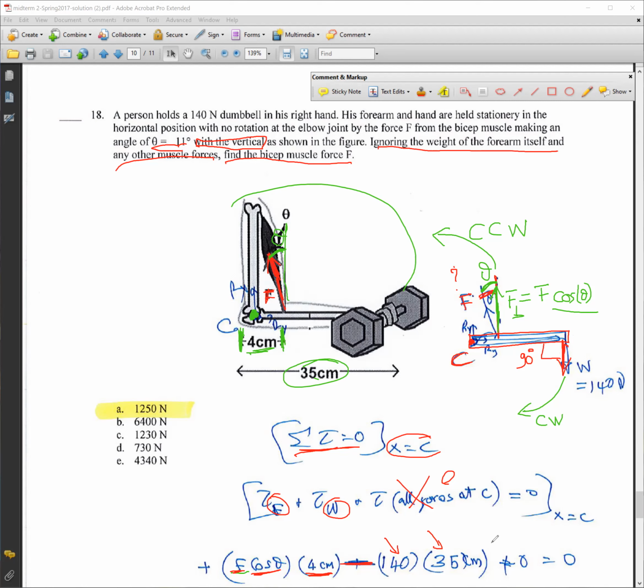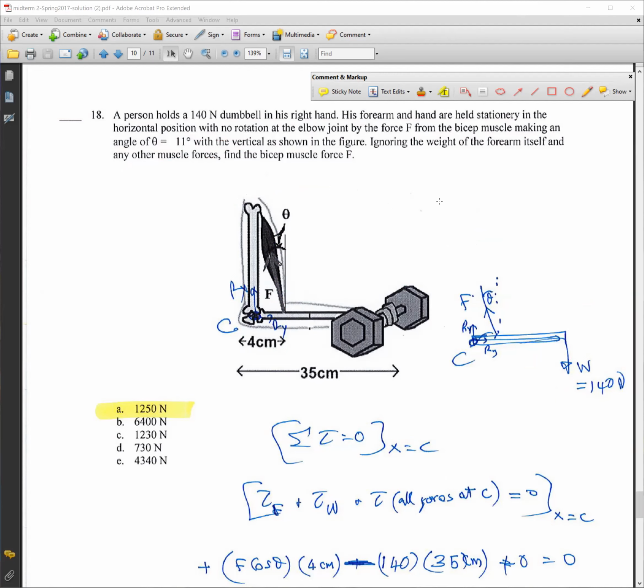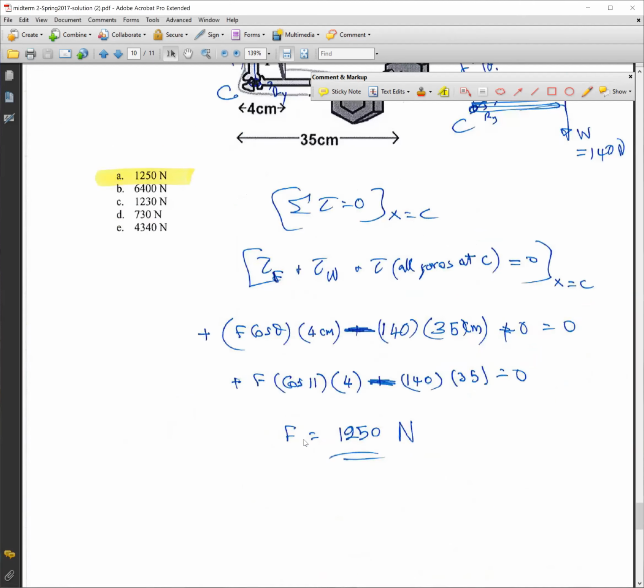So sine 90 degrees is 1, that's why we don't see the sine. So equal to 0. Now, the unknown in this equation is the force. So all we need to do is solve for the force, which will give me the following.